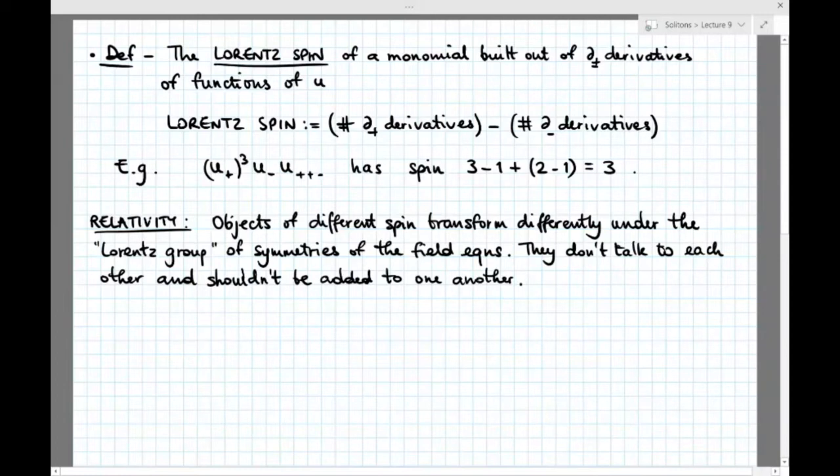Note, and this is a related comment, that we could use the equation of motion to relate u plus minus to minus v prime of u. And this does not affect the spin. So u plus minus has spin 1 minus 1, which is equal to 0, and v prime of u also has spin 0 because there are no light cone derivatives appearing.